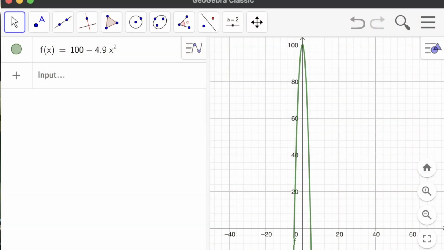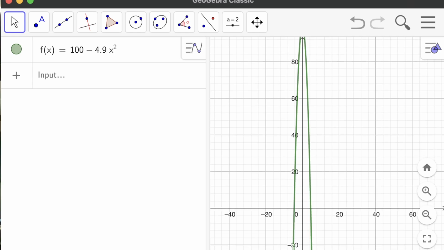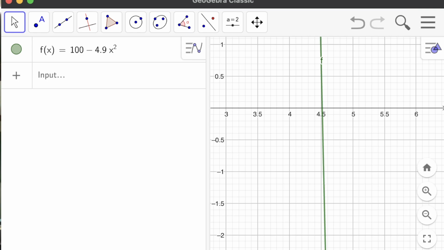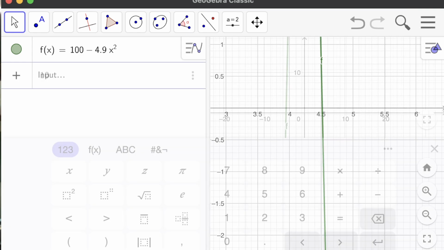Looking at GeoGebra, you see I have inputted a formula, f of x equals 100 meters, which is the height of the building, minus 4.9 times x squared, and x is time. If you look at that, the curve starts here at 100, and then it comes down, and we're looking at right around 4.5 seconds for it to hit the ground.